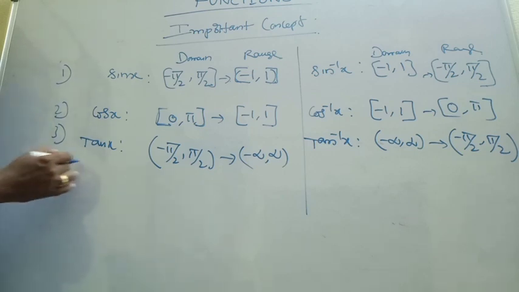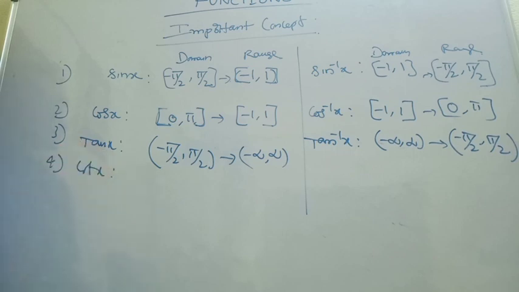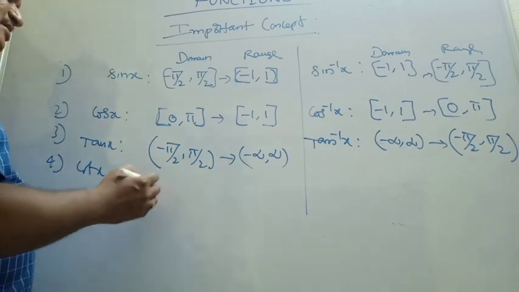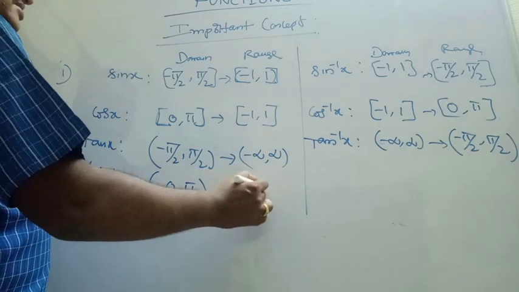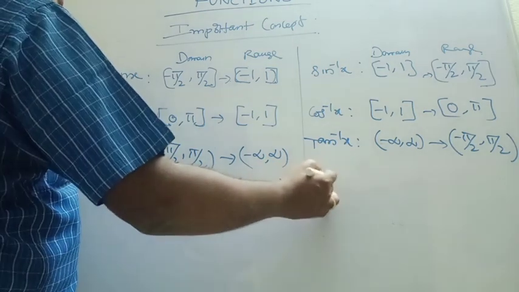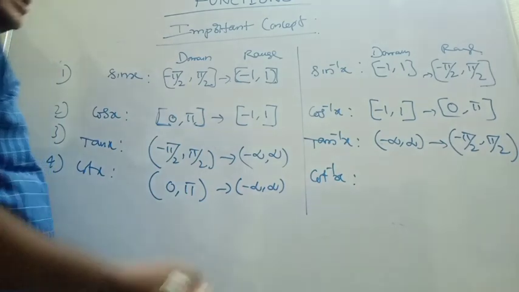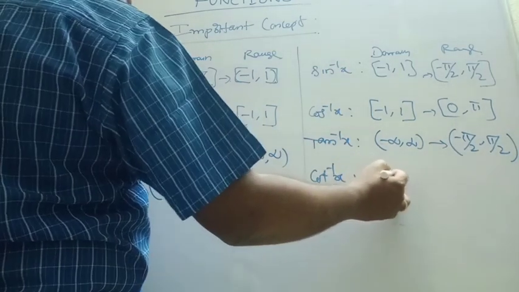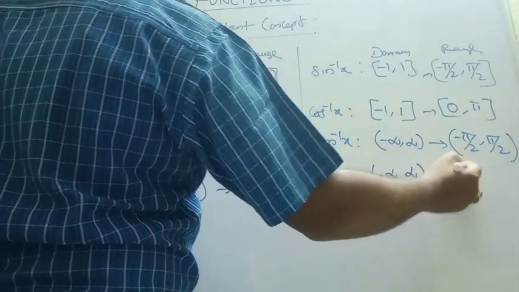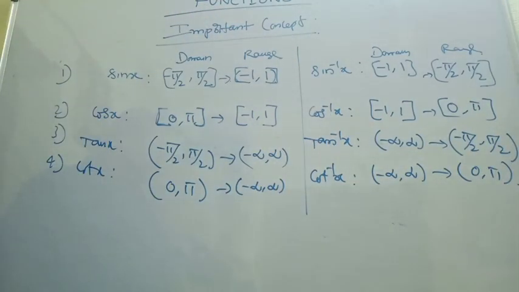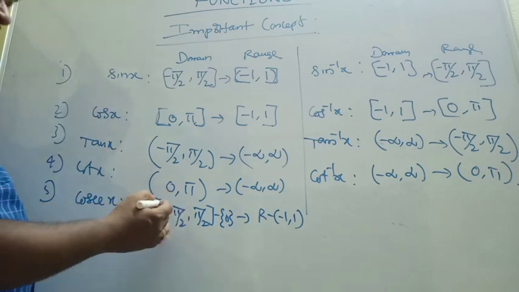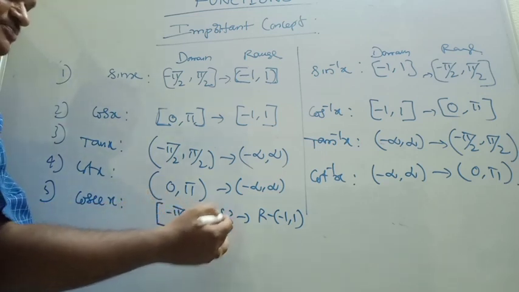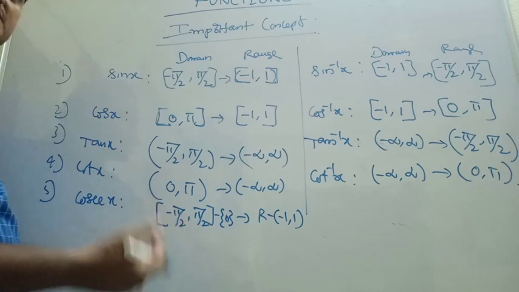Number 4, cot x, is a bijective function on 0 to pi, and also from -infinity to infinity. Therefore, cot inverse x is defined here from -infinity to infinity to 0 to pi. Now the fifth one, cosecant x, is bijective on -pi/2 to pi/2 except 0, because cosecant 0 is undefined.